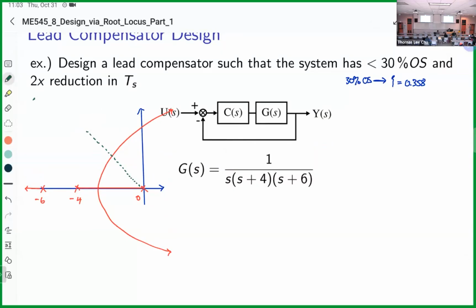I'll make this line a lot longer because we want a 2 times reduction in settling time, and we want the damping ratio to be 0.358. So our closed loop pole is going to be right here.